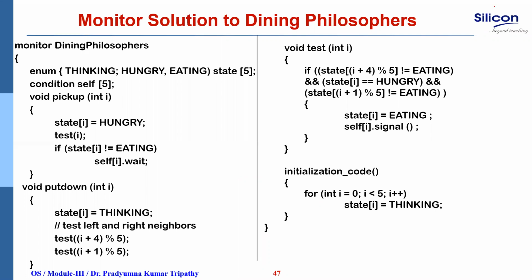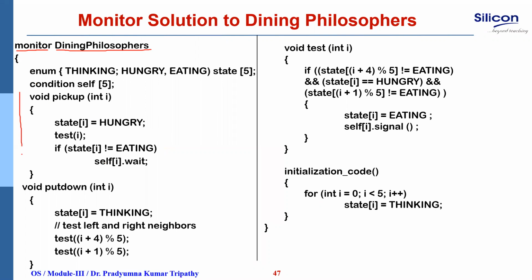Just look into this code. We have some variables and methods. This is the monitor and the monitor name. A monitor has some procedures and shared variables.